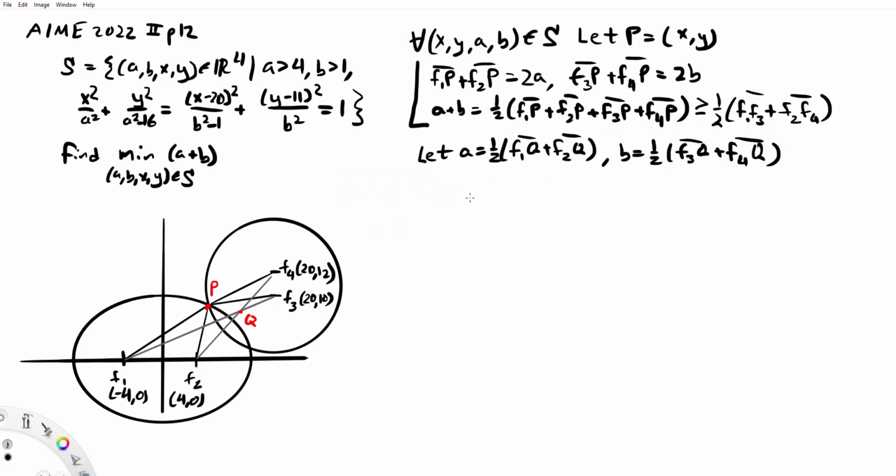Then we know that it'll satisfy this equation here, but we want to show these inequalities. Well, by again the triangle inequality, we know F1Q plus F2Q is greater than or equal to F1F2, but it's actually strictly greater since Q does not lie on the line F1 to F2.